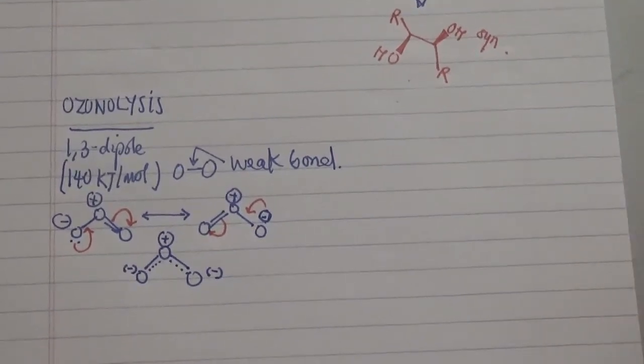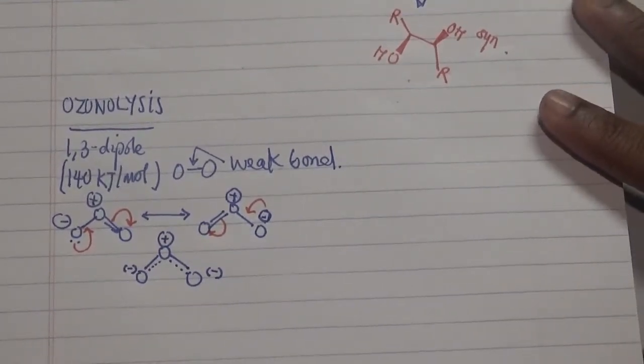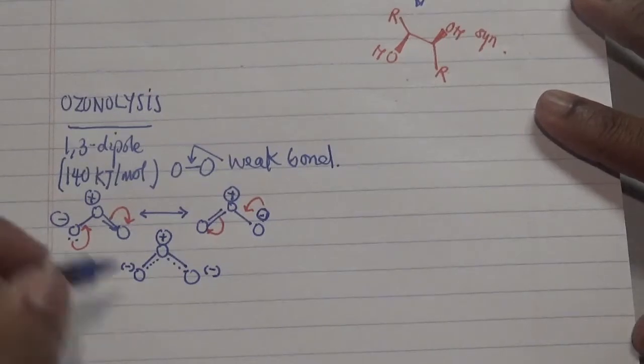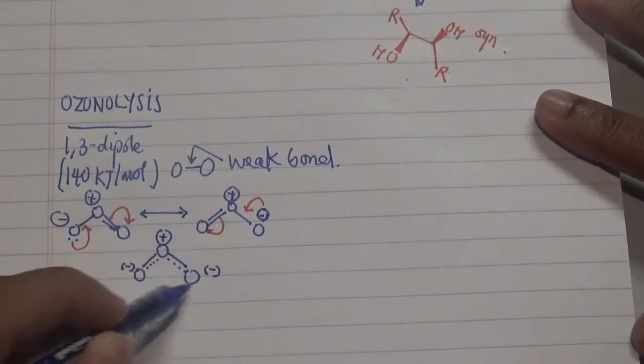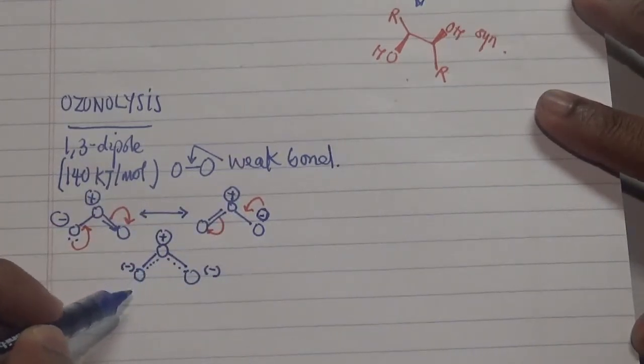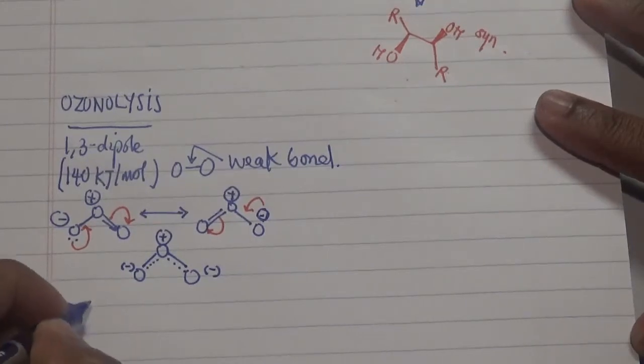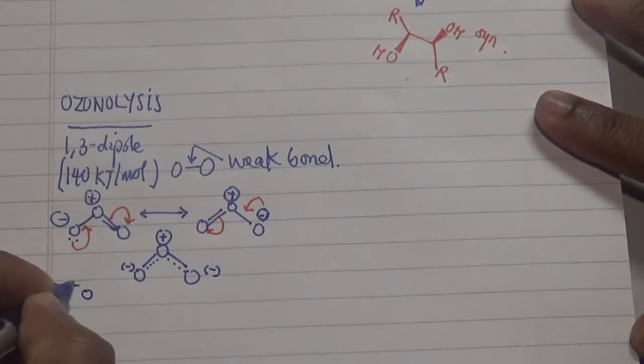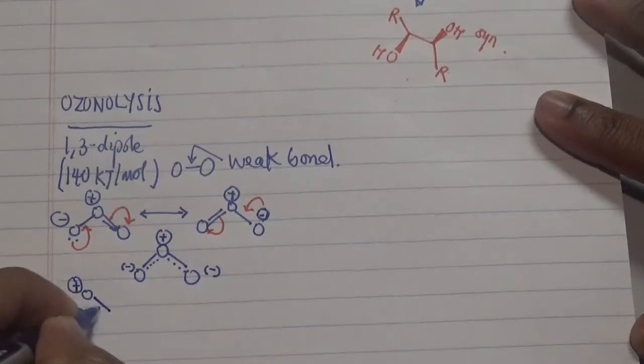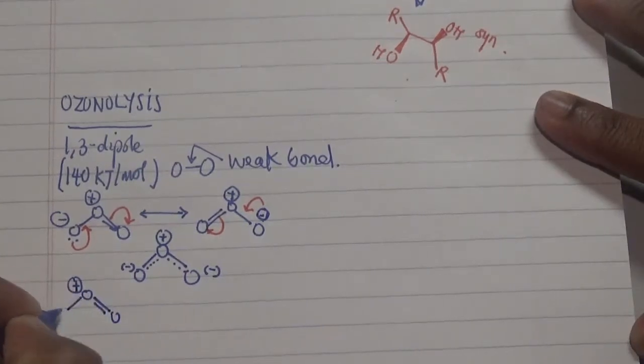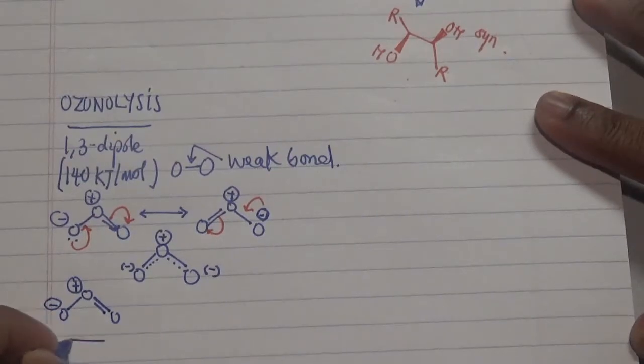Now let's go ahead by looking at all the reaction steps involved in this particular 1,3 dipole reaction with an alkene. So let's start off with this. We have a positive here, we have an oxygen with a negative charge, and in here we have our alkene over here.